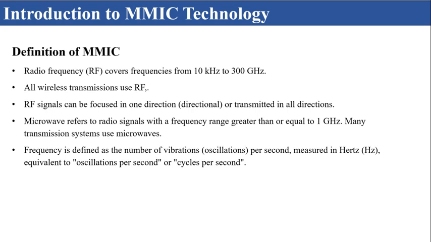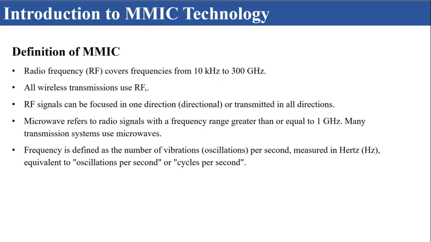Therefore, MMIC is an integrated circuit used for high-frequency applications such as mobile phones. MMIC combines transistors and passive components on the same chip, and is widely used in telecommunications as amplifiers and filters.